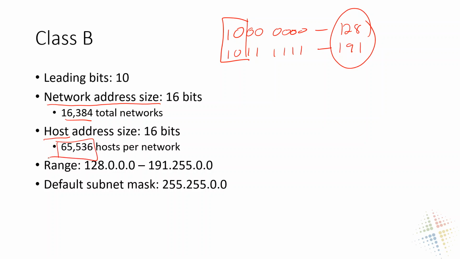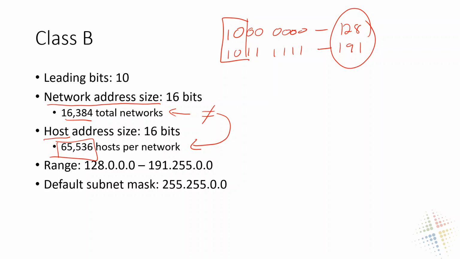65,536 hosts per network. Now, if you're wondering why this is not equal to that, it's because Class A stole a whole bunch from the Class B network range. Yeah.